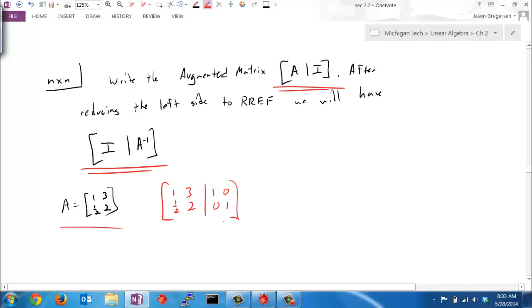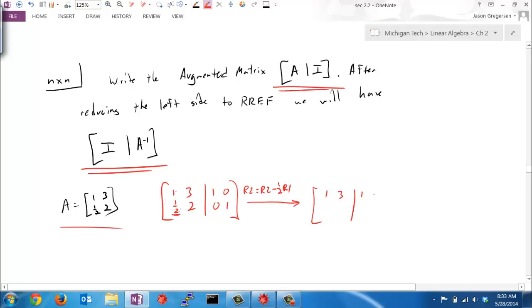A on the left, identity on the right. And then we row reduce it. So the first thing I'm going to do is take R2 equal to R2 minus 1/2 R1. I want to get rid of the 1/2. So I'll take 1/2 minus 1/2 of the first row. First row stays the same.